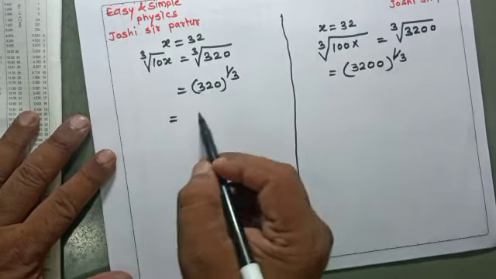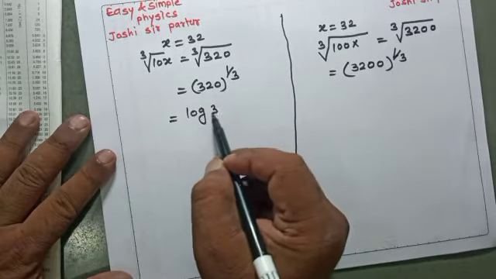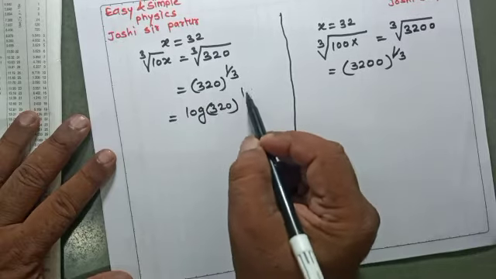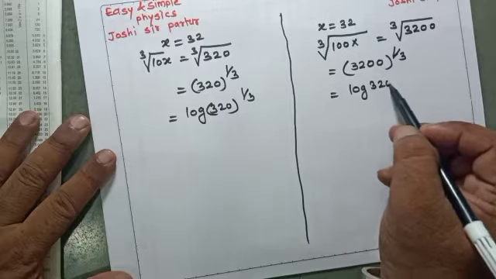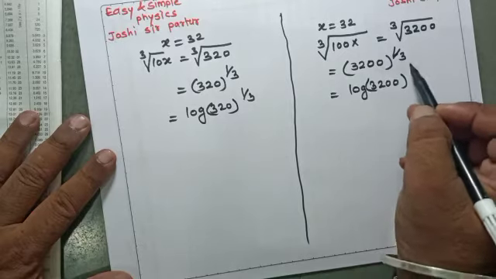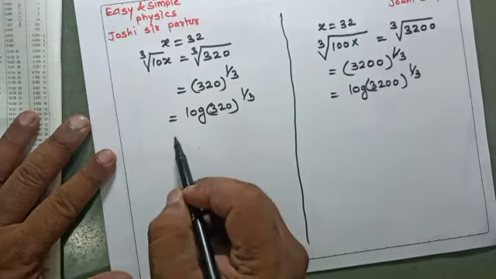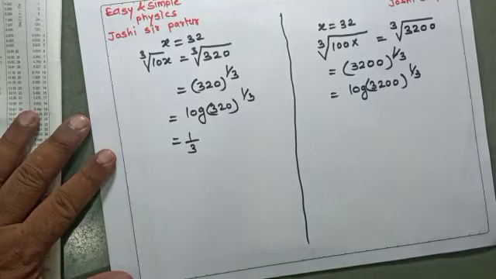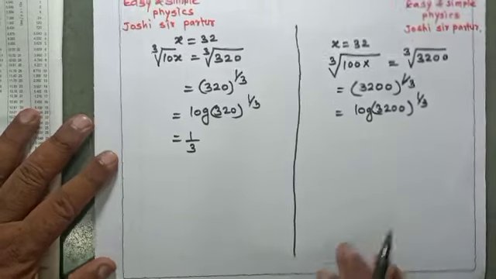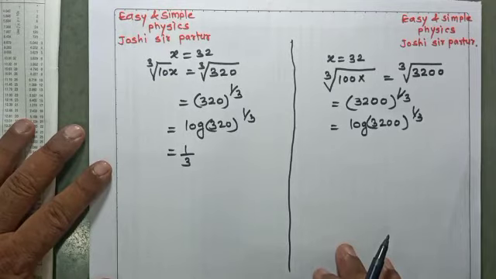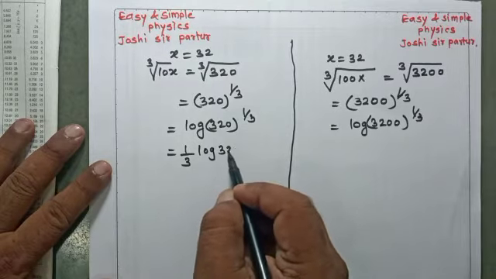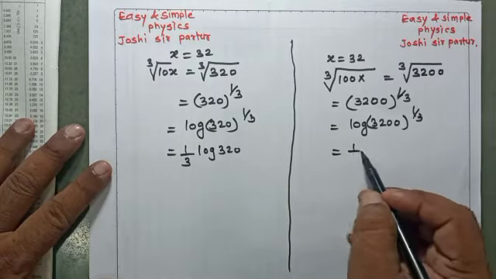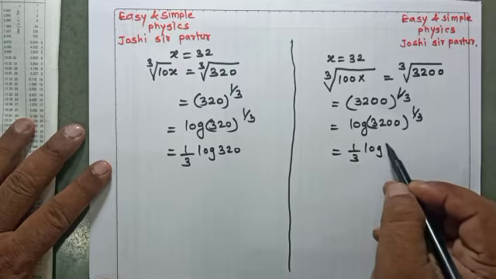So if we take the log of 320 to the power 1 by 3, and the log of 3200 to the power 1 upon 3, using the rule log of m raised to n equals n times log of m, it becomes 1 upon 3 of log of 320, and 1 upon 3 of log of 3200.